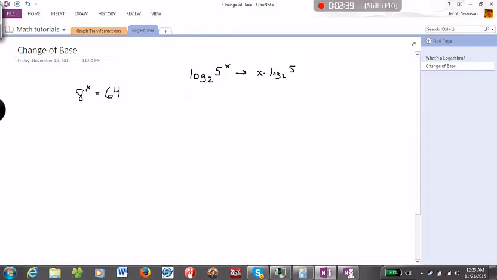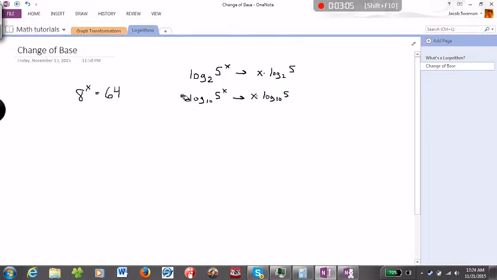Similarly, if we use the log that all calculators have, log base 10 of 5 to the x, this still becomes x times log base 10 of 5. So it doesn't matter what base logarithm we use, it still pulls the exponent down and puts it out front as a coefficient.